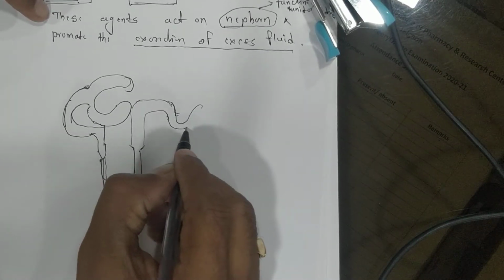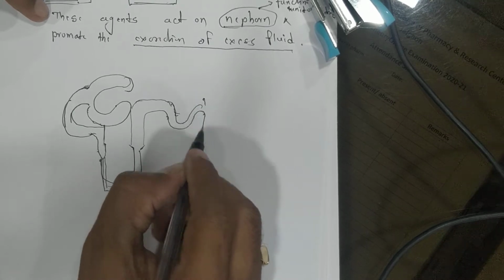I will try my best to sketch. These are the loop of Henle, ascending and descending, where the diameter changes. Here is the juxtaglomerular region, and that is a collecting duct. These are the distal convoluted tubules. The distal convoluted tubule is joined to the collecting duct.